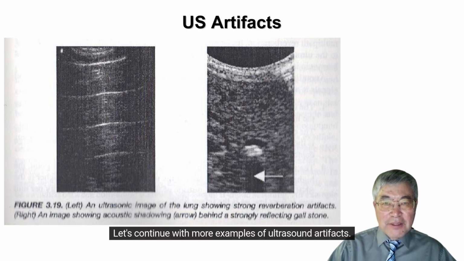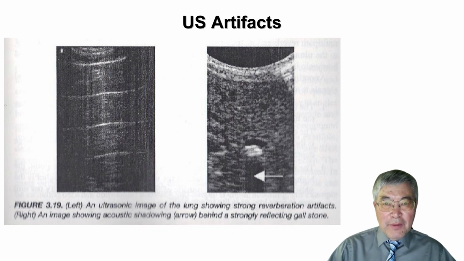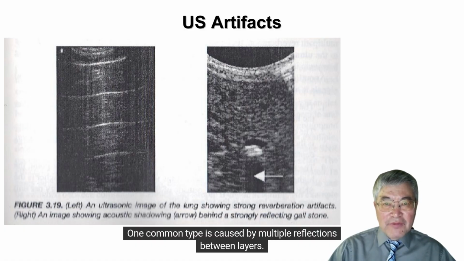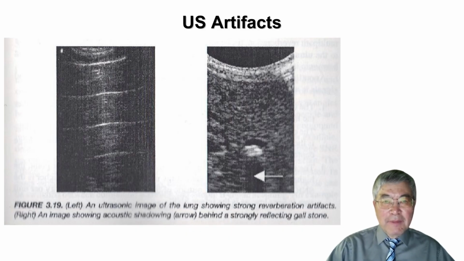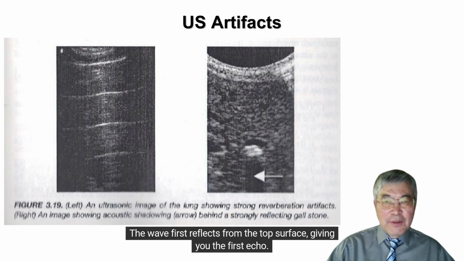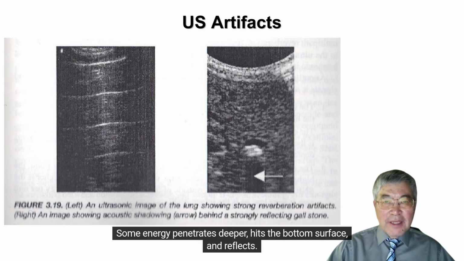Let's continue with more examples of ultrasound artifacts. One common type is caused by multiple reflections between layers. Imagine sending one ultrasound pulse into a structure like the lung. The wave first reflects from the top surface, giving you the first echo. Some energy penetrates deeper, hits the bottom surface, and reflects.